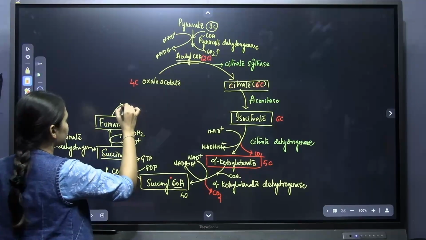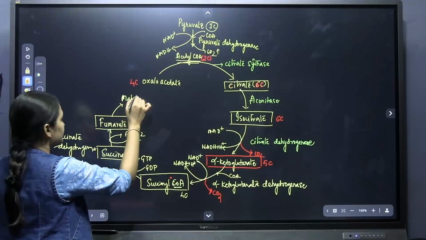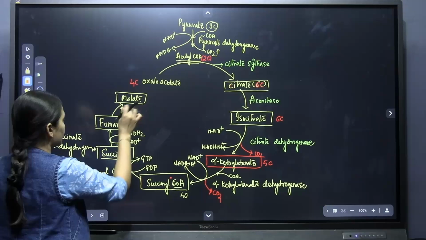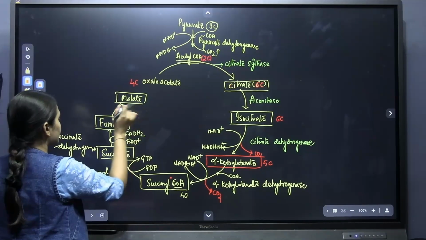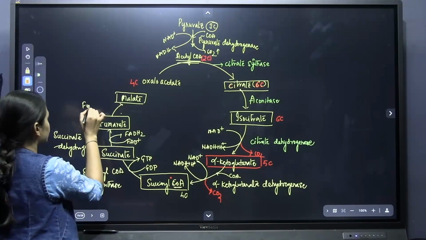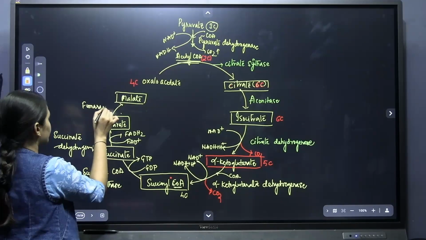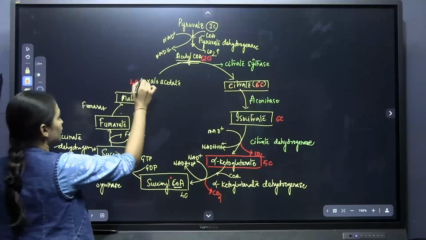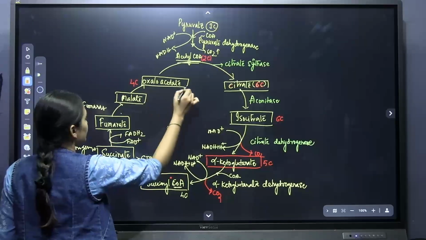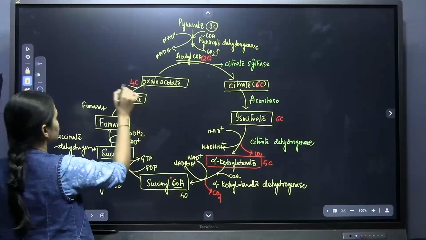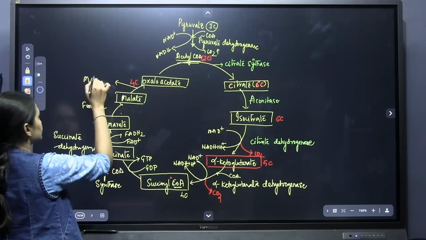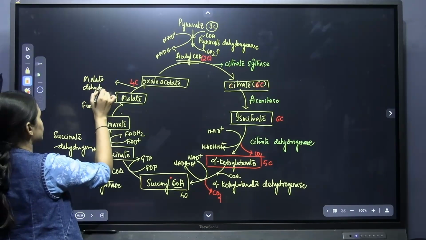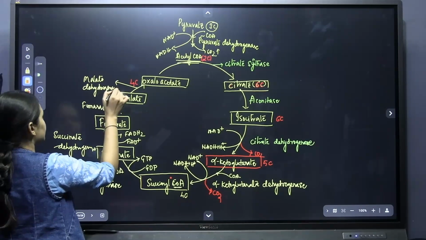The fumarate is converted to malate. Okay, here with the help of fumarase enzyme. And malate is converted to oxaloacetate with the help of malate dehydrogenase enzyme.